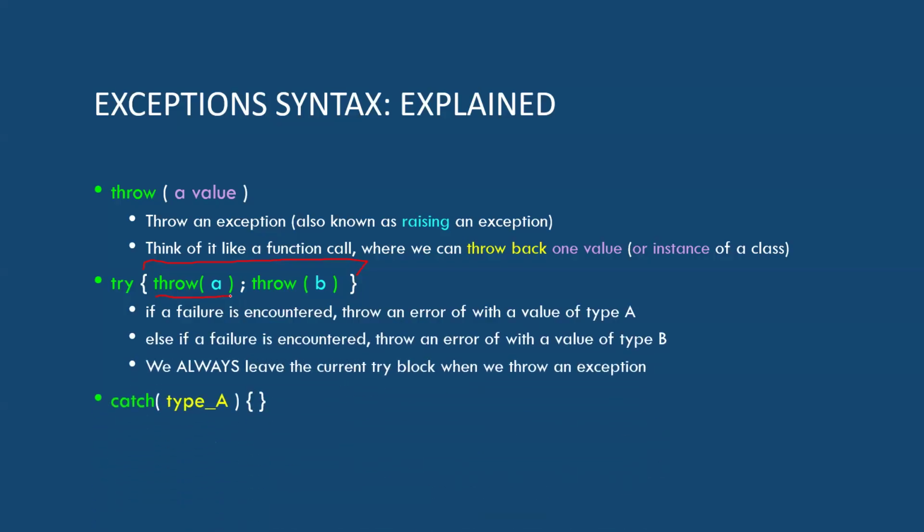So we need to have a catcher that matches the type of every possible throw. If the throw A happens, let's say, then we need a catcher over here very much in parallel with the try. And if there's a B thrown, or type B, whatever that might be, we need a catcher for that as well.